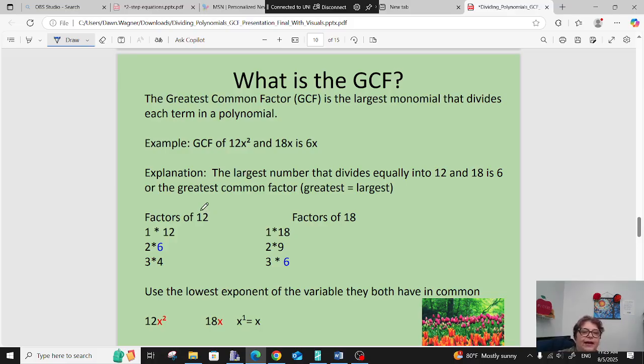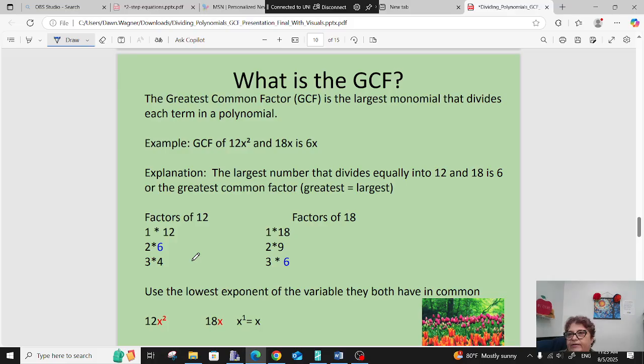So, factors of 12. Let me back up. We're trying to find the greatest common factor of 12x squared and 18x. And I gave you the answer, 6x. Down here, I'm explaining why. The factors of 12 are 1 and 12, 2 and 6, 3 and 4. Those are all the whole number combinations that you can multiply to get 12.